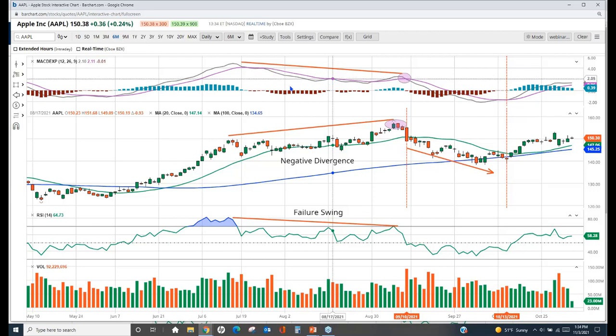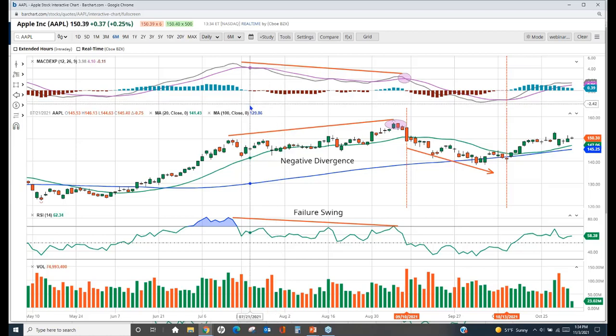Again, what is our histogram telling us? Our histogram is telling us that we're in an uptrend, positive values, but this uptrend's momentum is slowing. So if we're going to use this as a sell signal or an indication to exit this trade, we want to look for something called negative divergence.